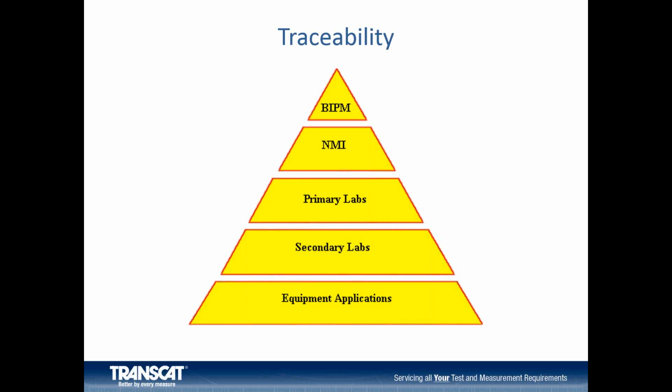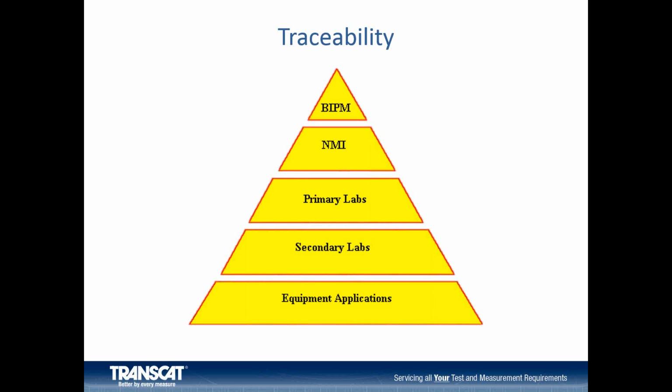The National Metrology Institutes, NMIs, such as NIST or NPL, they realize the SI units. They create the most accurate representation of the SI units. They're the guys that create the gizmos that actually generate the link standards. Then in our chain, we also have the primary standards laboratories. Their job is to disseminate those measurements across the world.